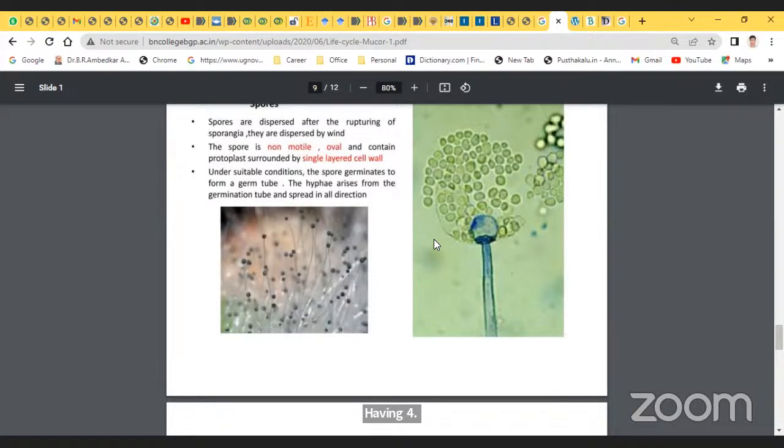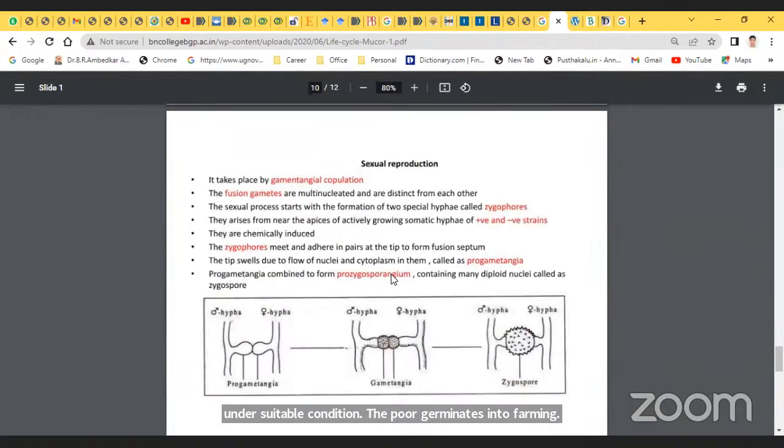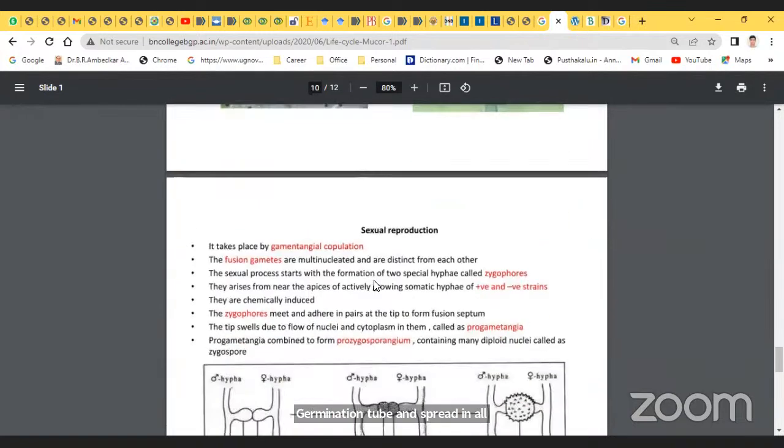The spore is non-motile, oval, and contains protoplast surrounded by a single-layered cell wall. Under suitable conditions, the spore germinates to form a germ tube. The hyphae arise from the germ tube and spread in all directions. So that is all about the spore structure.